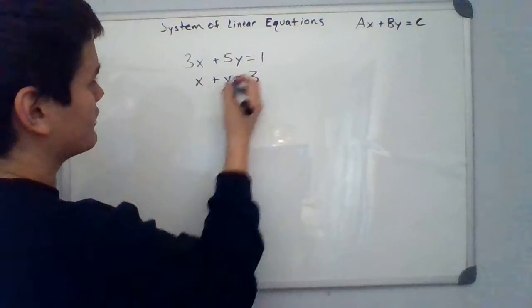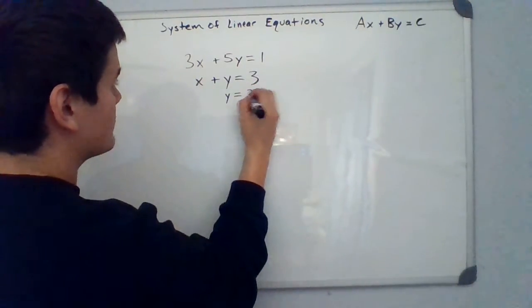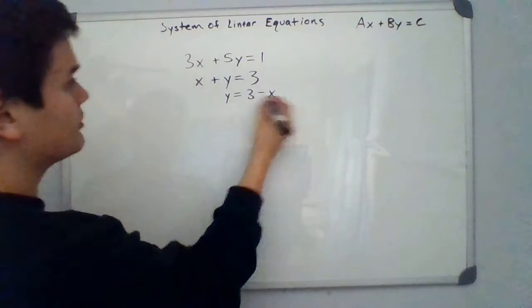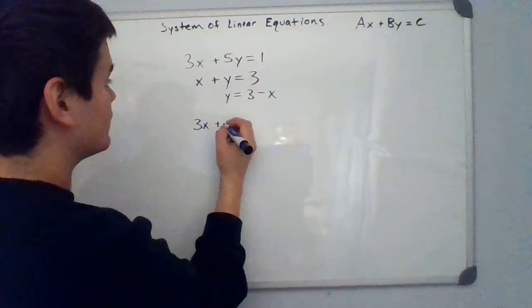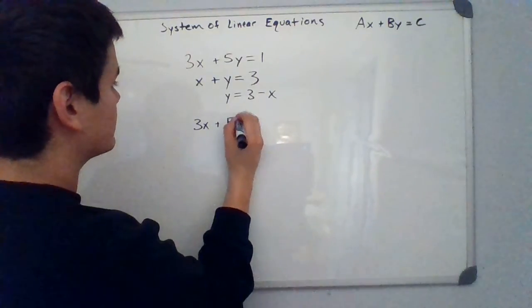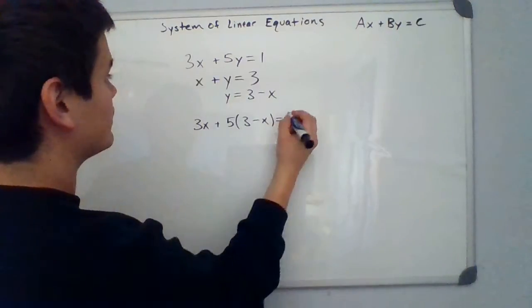I'll do that. Taking this equation, I know y = 3 - x, and then I'll substitute that into the first equation. So I have 3x + 5(3 - x) = 1.